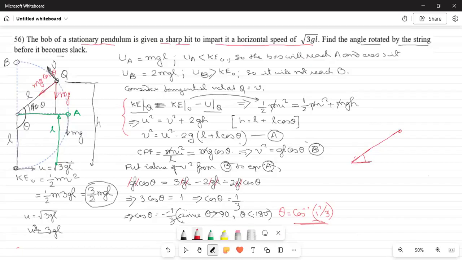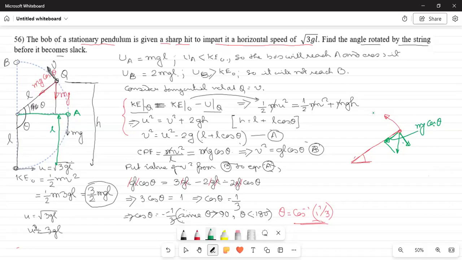And if the bob starts moving further, then what happens? Here, at this point, this is mg, and this is one component, this is another component. This is mg cos theta, which provides the centripetal force.